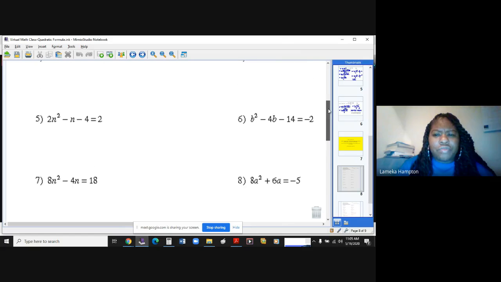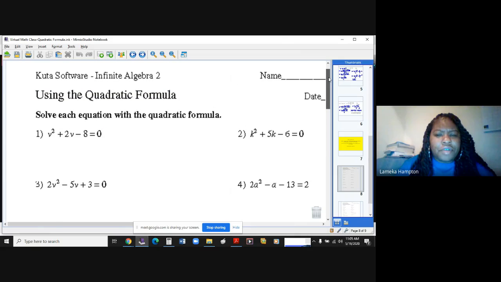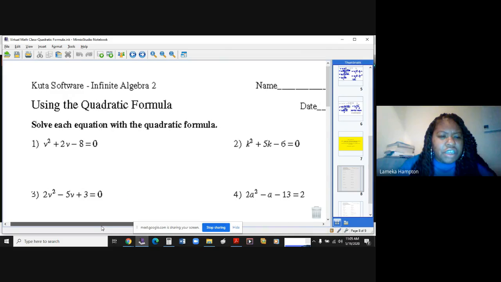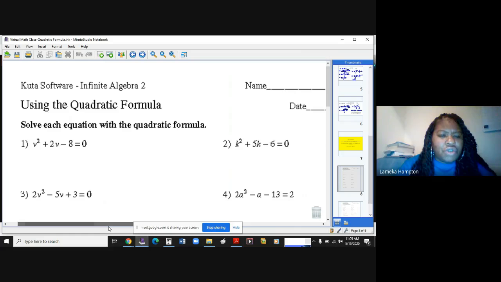I just want to make sure that everybody can at least see numbers 1, 2, 3, and 4. Because I really want to go ahead and look at numbers 1, 2, 3, and 4 today.